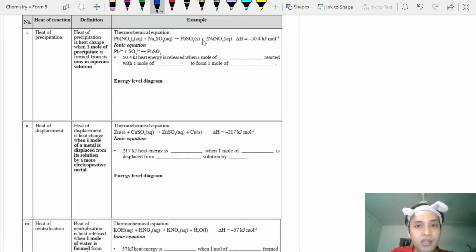So they give me the thermochemical equation, and remember this is a negative sign, so this is an exothermic reaction. Very nice, they give me the ionic equation. So the definition for this heat of precipitation is heat change, meaning we need to mention 50.4 kilojoules of heat energy is released when 1 mole of lead 2 ions, I use the ionic equation here, reacted with 1 mole of sulfate ions to form 1 mole of lead 2 sulfate.